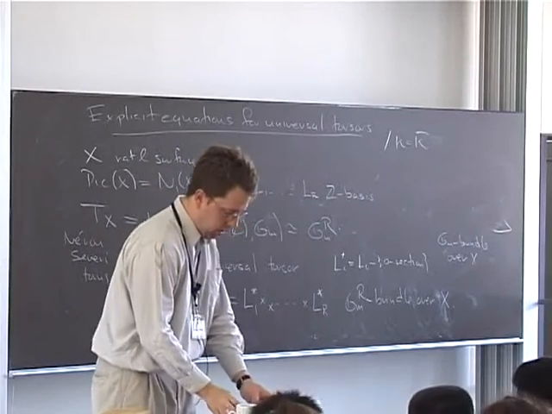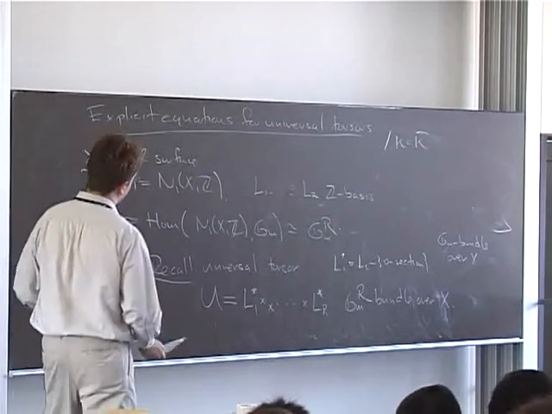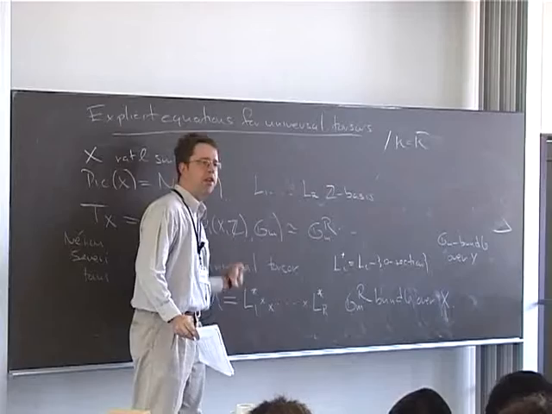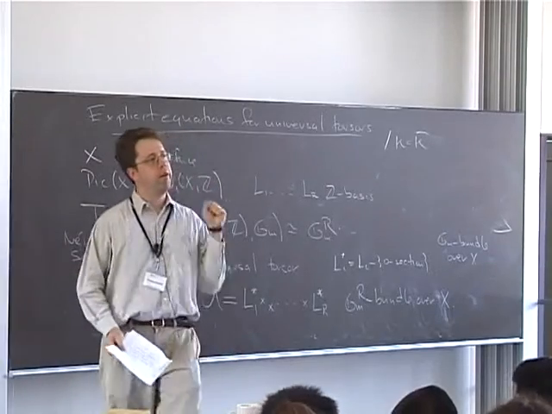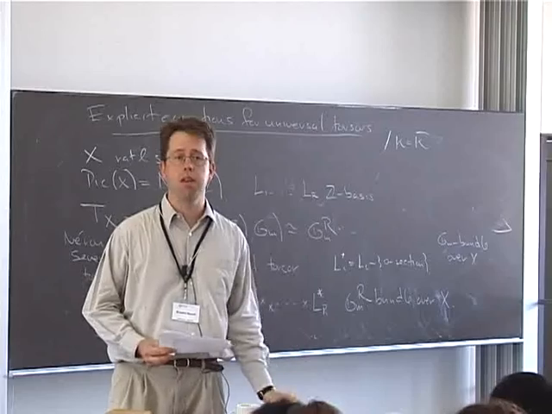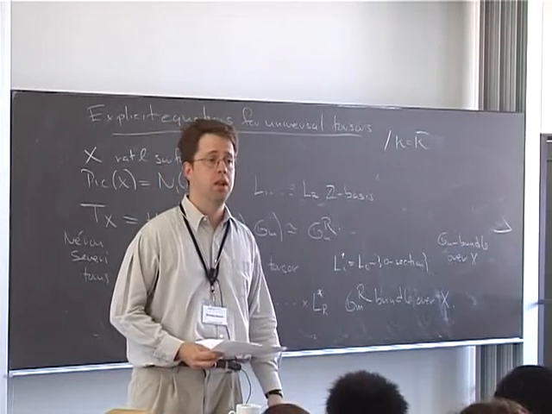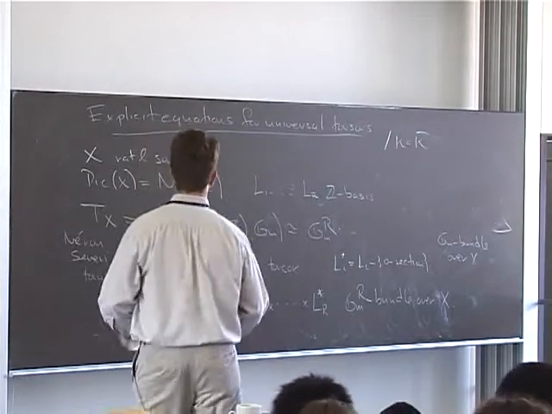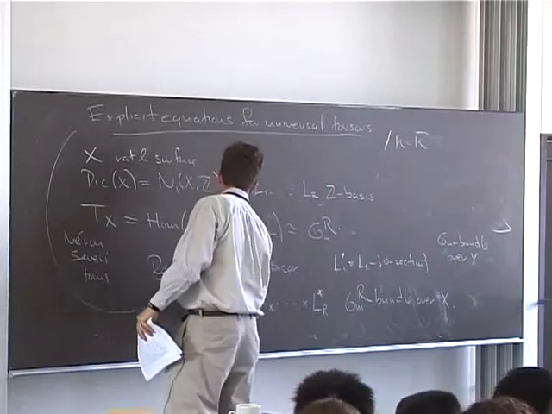So this is, of course, a perfectly reasonable definition. But from Professor Kresch's lectures, I think it's clear that we really want some way of generating explicit equations for this. So our goal is to try to write this down explicitly.